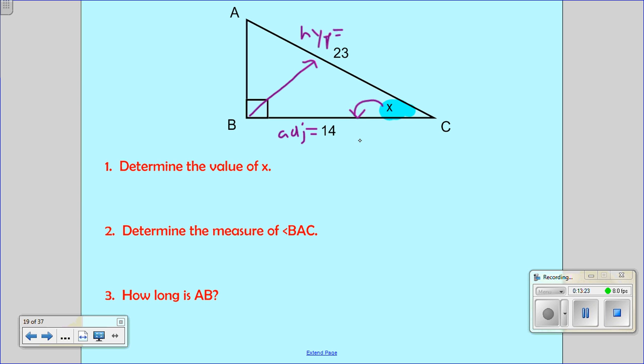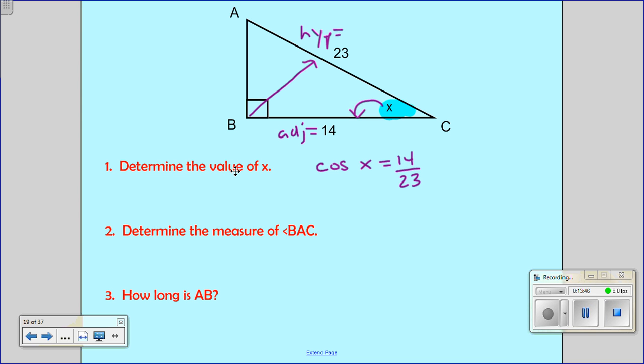I write cosine, correct. So I would write it as cosine of what angle? Our angle is x right now. Is equal to the ratio adjacent, which is 14, over hypotenuse, which is 23.